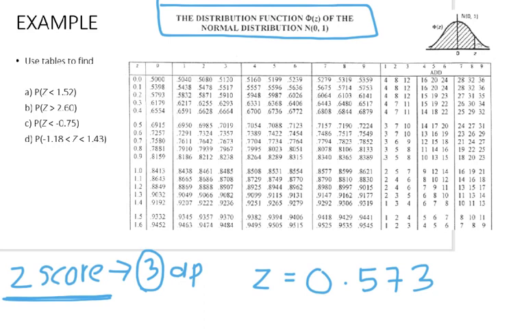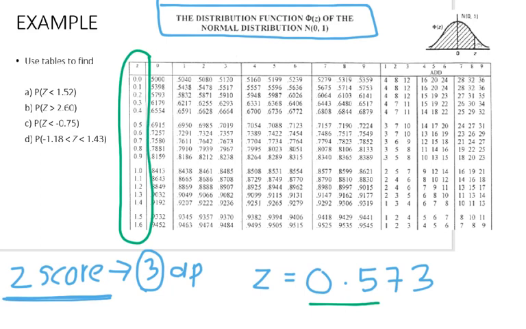And how do you read your table? Let's say you have your Z score here as 0.573, 3 decimal places. For the first decimal place, always look at the first column in your table.